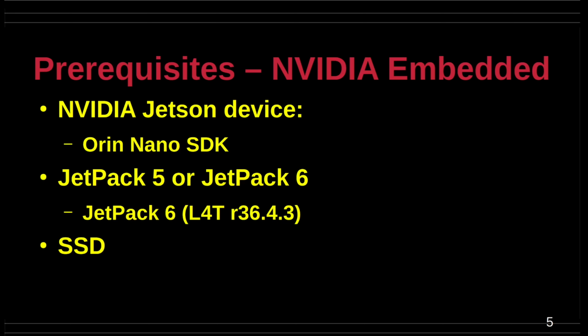A non-volatile memory express, NVMe, device, namely a solid state drive, SSD, is highly recommended for storage speed and space considerations. A slow and capacity-limited microSD card will be a bottleneck even for basic tutorials.